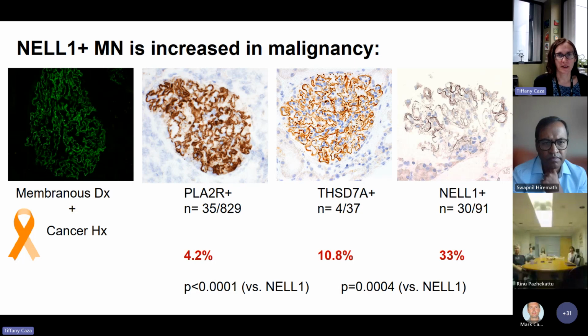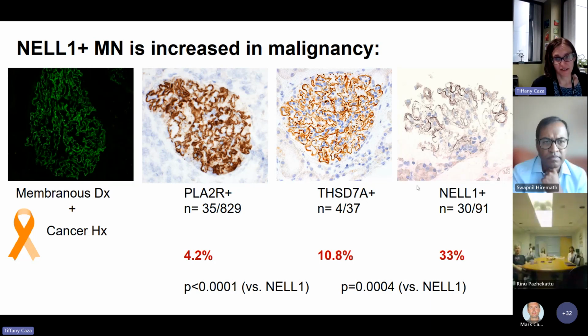And these include carcinomas, melanomas, thymomas. There wasn't a particular type of cancer that was related to NELL1, and we currently don't know the mechanism for which there's an association of NELL1 membranous with malignancy.